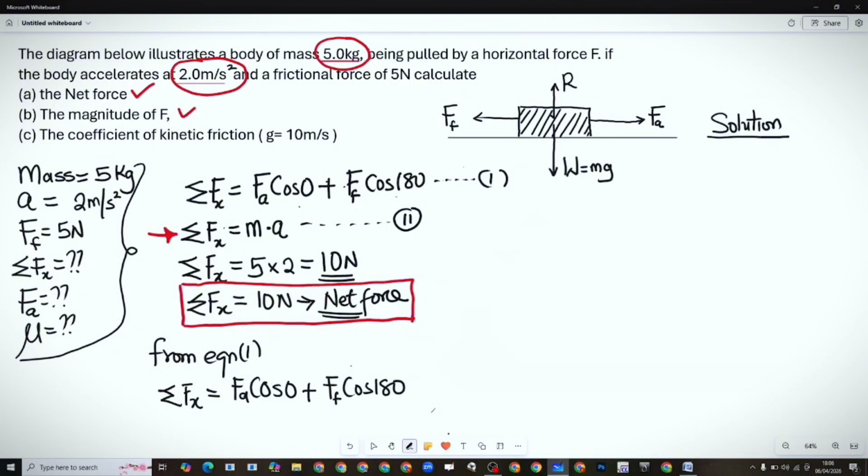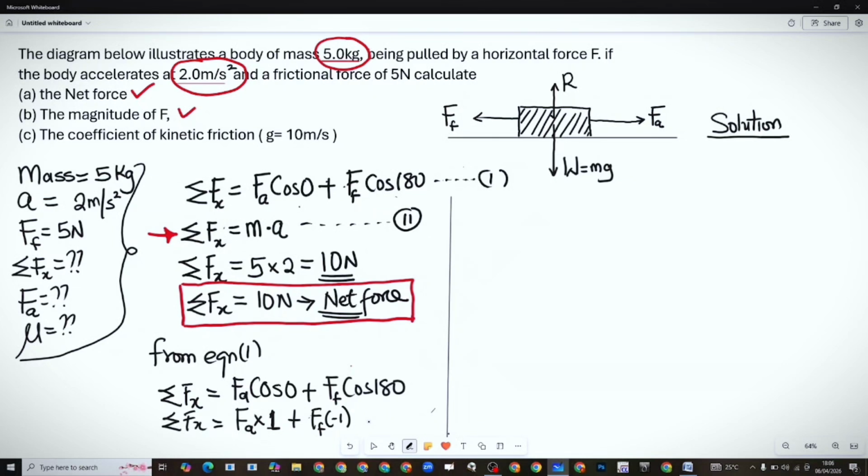And if we solve this further, we know that the summation of F is equal to our applied force, which is what we're looking for, F_A cos 0, which is 1, times 1, plus F_F, the frictional force, cos 180, which is minus 1. If I try to multiply this, notice my line is not straight. Just read the line here.